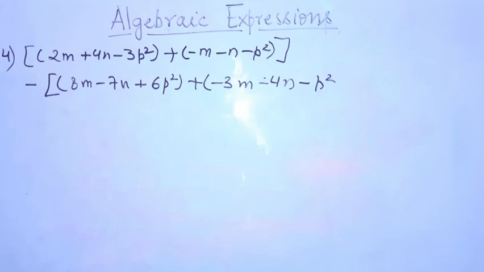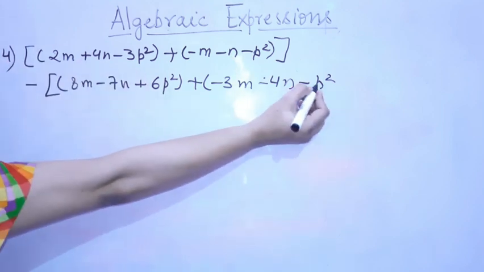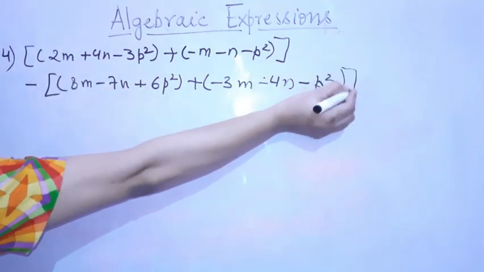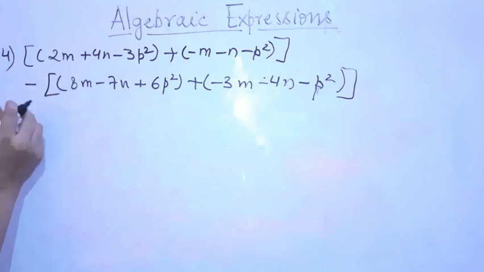I have done some mistake here. It should be, let me check, it's correct, there is no mistake. So here it will be p square, bracket closed, and then big bracket, square bracket. We used to call it as square bracket.